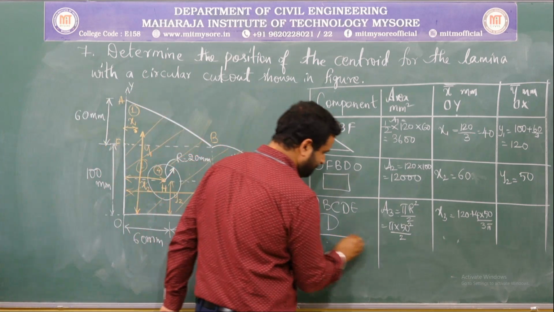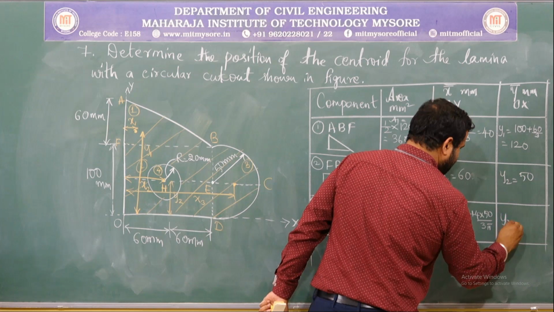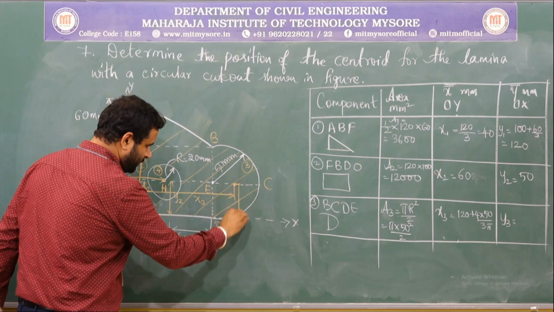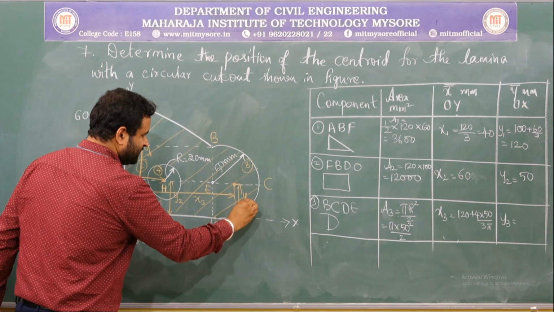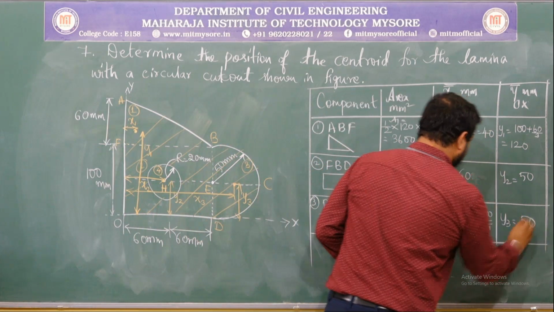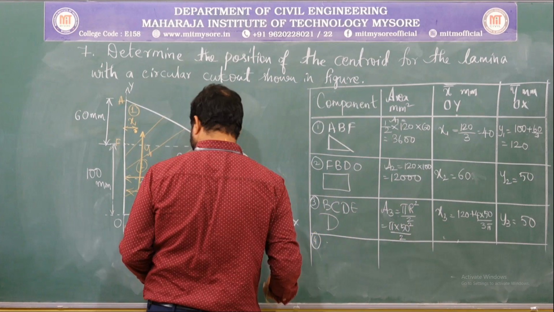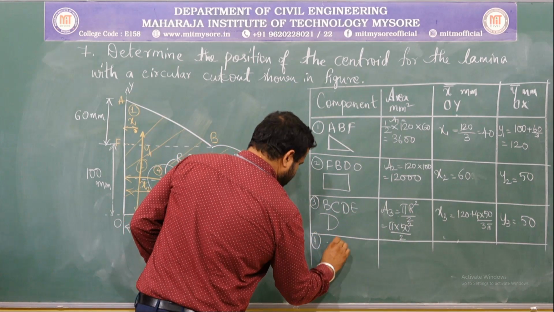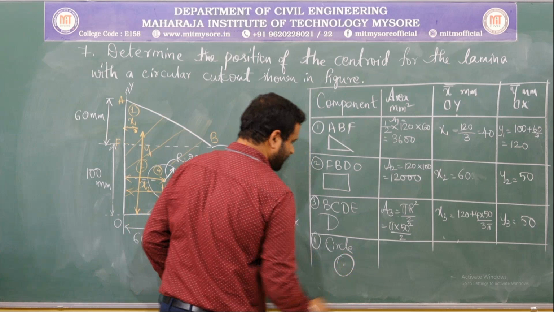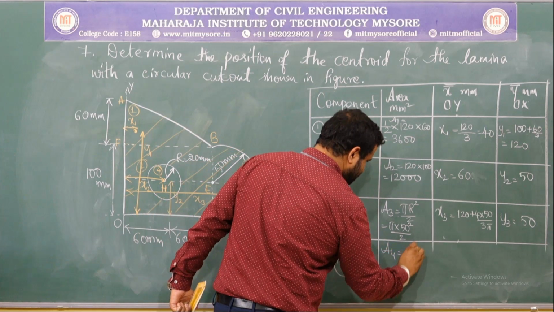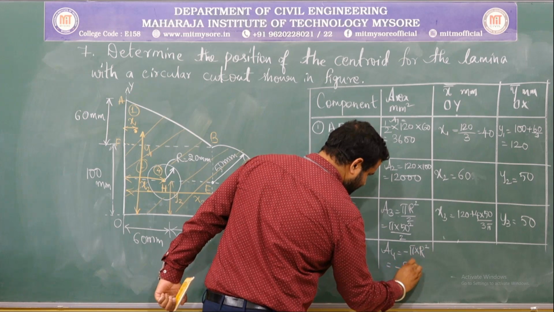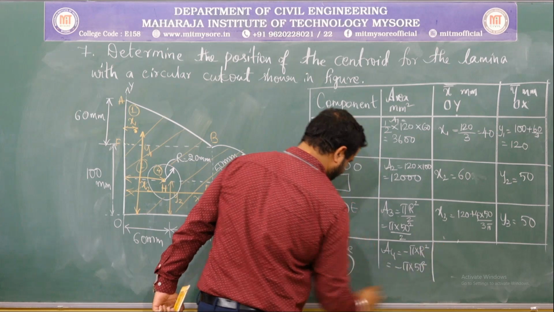And then y3 is equal to, with respect to OX axis to the same point, measure this as y3. So, you can easily say it is 50 mm. At last, the fourth and the last component is circle. So, area of the circle A4 with a minus sign, pi into r square, which is minus pi into 50 square.